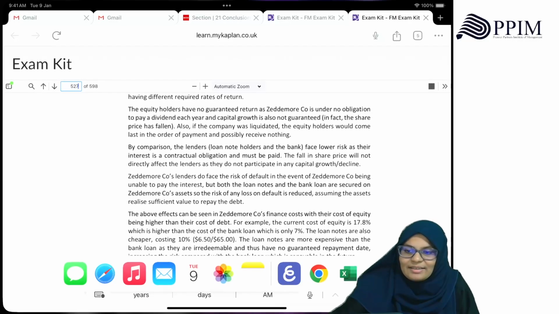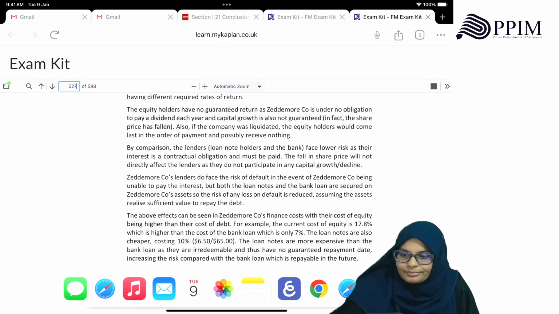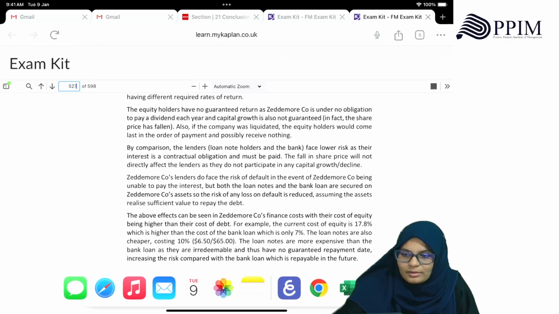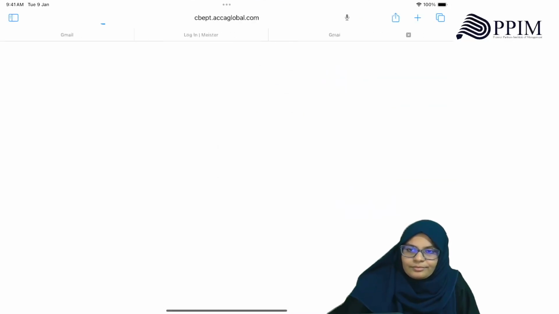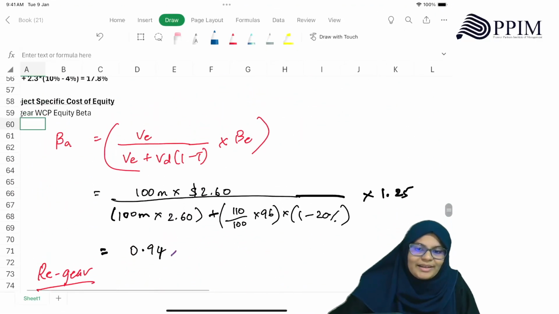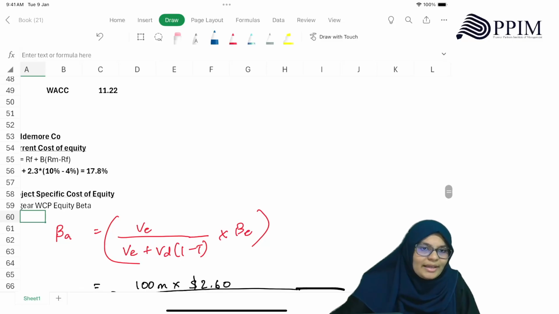So if you really see when we did the calculation, if you look at the cost of equity, it's actually pretty high, right? It's around 17.8%.